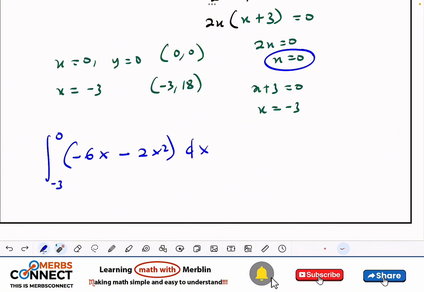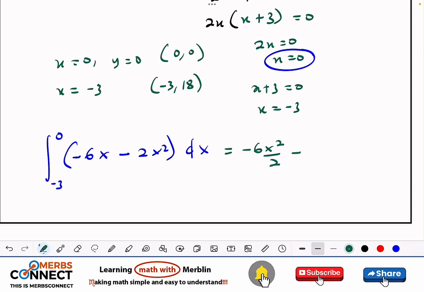So now we do the integration. This is going to give us minus 6x squared divided by 2 and then minus 2x to the power 3 divided by 3, from minus 3 to 0. So that's what you're going to get. And plug in 0 and everything will be 0.